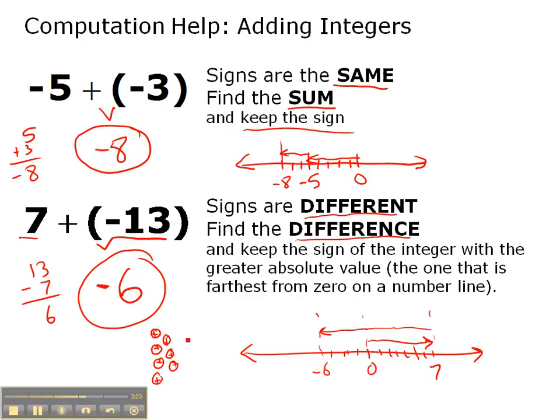If you add 13 negatives, you're going to have 6 more negatives than positives. So these 0 pairs go away, but you still are left with 6 negative chips for a sum of -6.